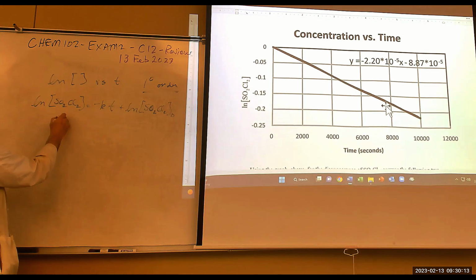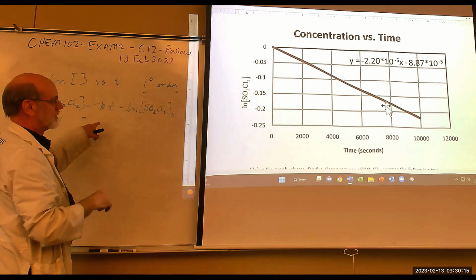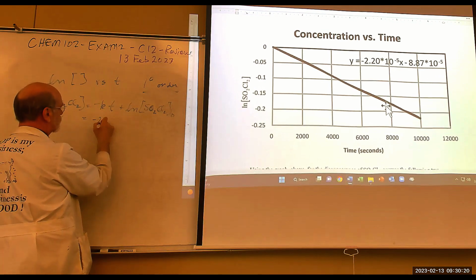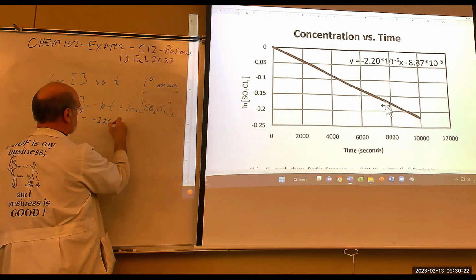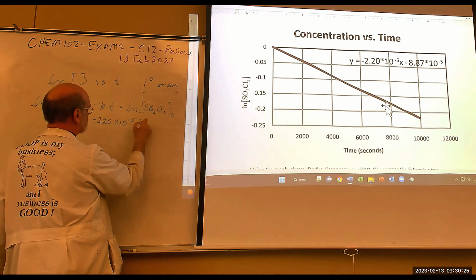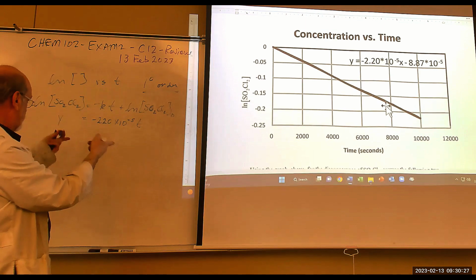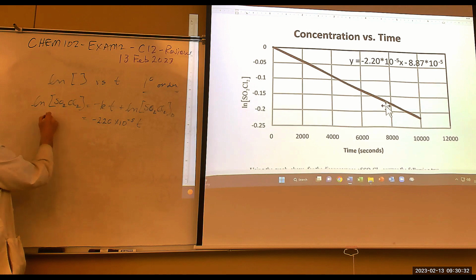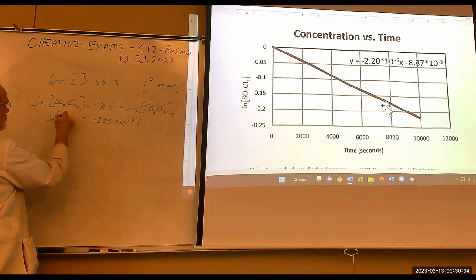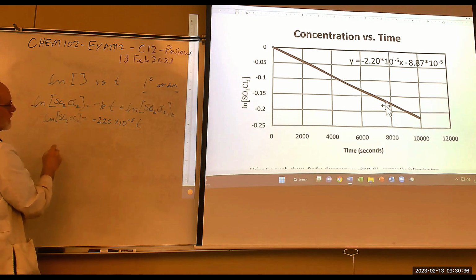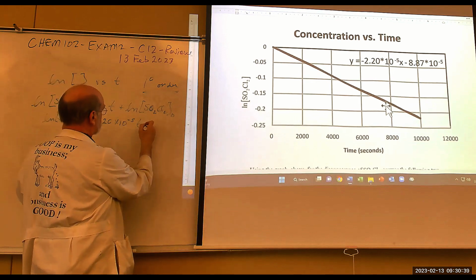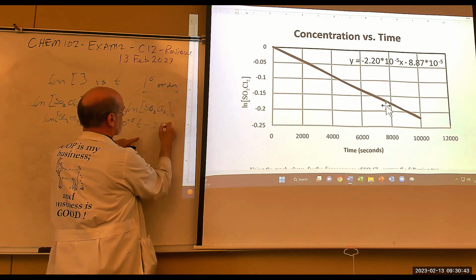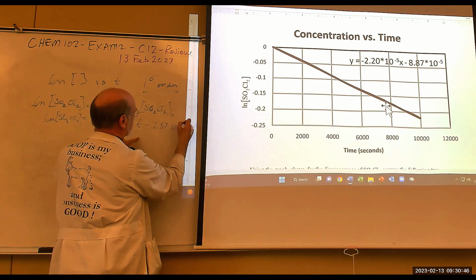We're given the line equation right over there. Right. So there's Y. And this slope value, the k, is minus 2.20 times 10 to the minus 5 t for x. So let me just say this, natural log of this one, SO2Cl2. And then this one is a negative 8.87 times 10 to the minus 5.